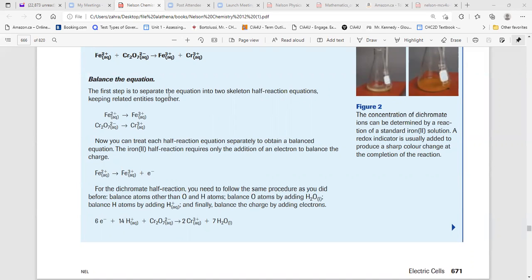And for this one, Cr2O7 2- to Cr3+, you need to figure out how many electrons are used.